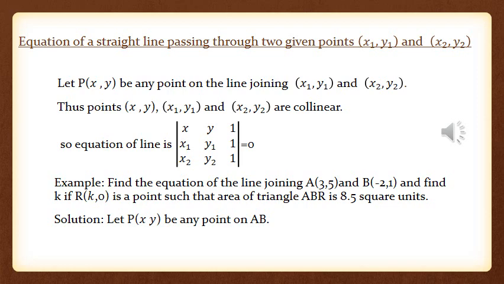Now let's see the equation of the line joining A(3, 5) and B(negative 2, 1). You can use the formula determinant x, y, 1, x1, y1, 1, x2, y2, 1 is equal to 0. Here (x1, y1) is A(3, 5) and (x2, y2) is B(negative 2, 1).